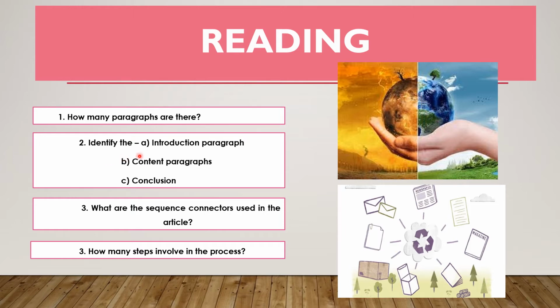Then you should identify the introduction paragraph, content paragraphs, and conclusion paragraph. And then we are going to look at the sequence connectors used in the article. What are the sequence connectors? And also how many steps are involved in the process. We are going to look at a process later and we are going to read it.